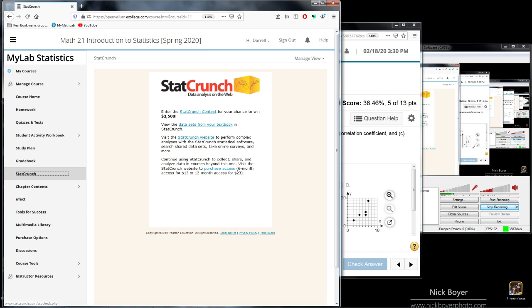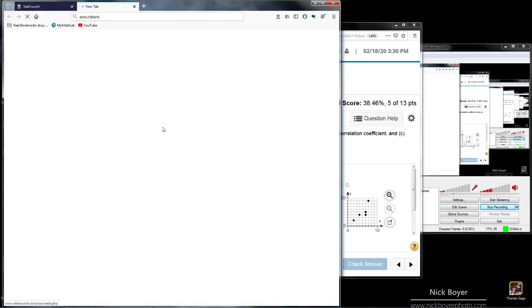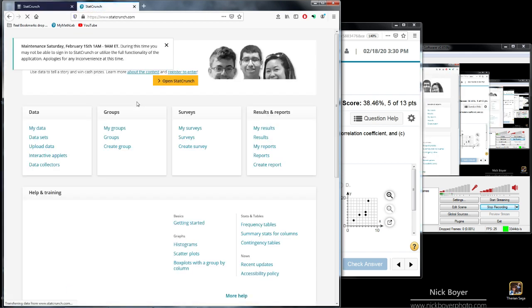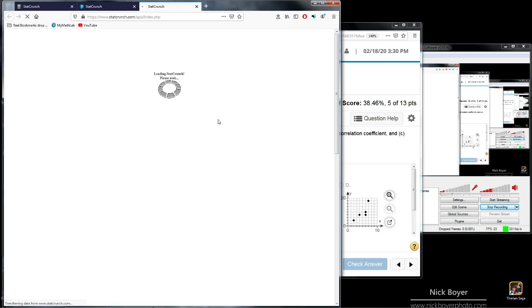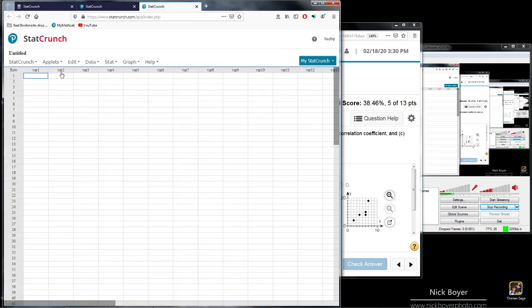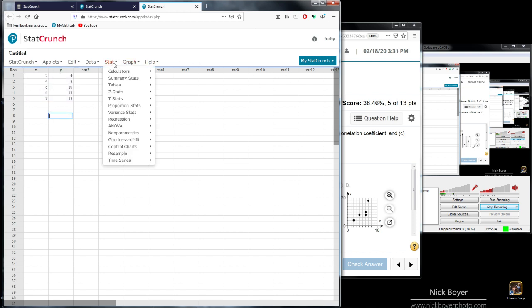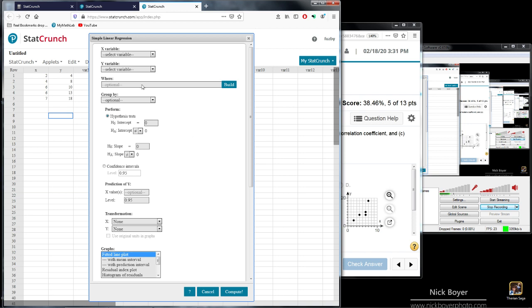Let's see. Open the StatCrunch website. And I'm going to paste. If you highlight the column up here above it, Control V, there it goes. And go to Stat. Where's the regression line? Regression, simple linear. X's are X's and Y's are Y's. Compute.